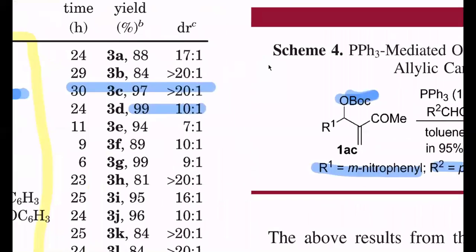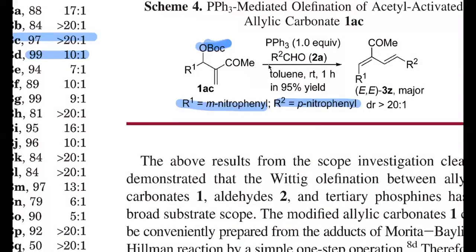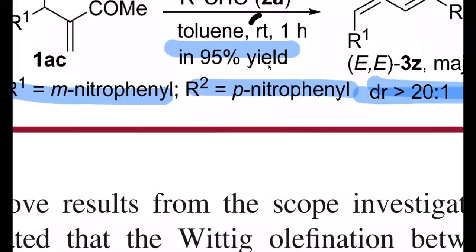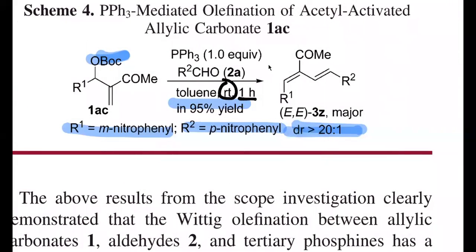All right. But in that reaction, where you put a nitro group on both sides, you get a greater than 20 to 1 stereoisomer ratio and 95% yield. And it's at room temperature, right, for 1 hour. Now that is what you want from a reaction.